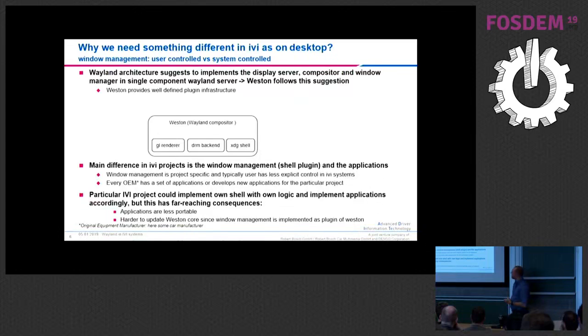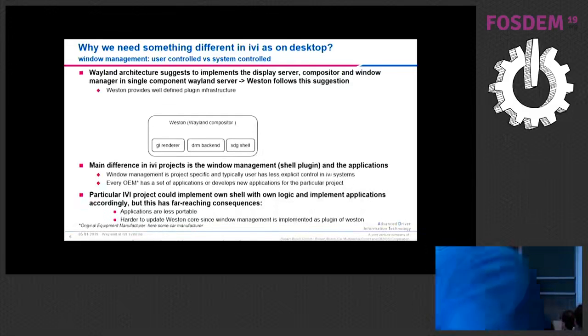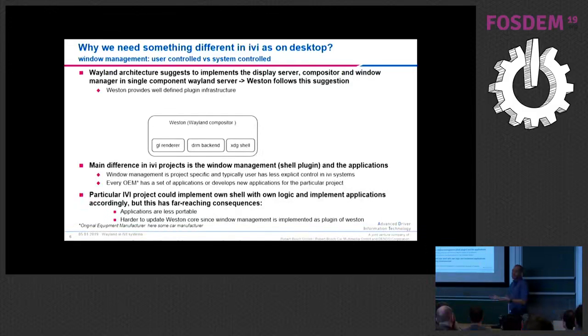One plugin is a renderer, which will use the OpenGL driver to make the composition, actually rendering the content in the compositor. There is a backend. Most of the time we are using the DRM backend, but you could also use, for example, the Wayland backend, which will output the final result to a different Wayland compositor. So creating nested compositing is quite easy.